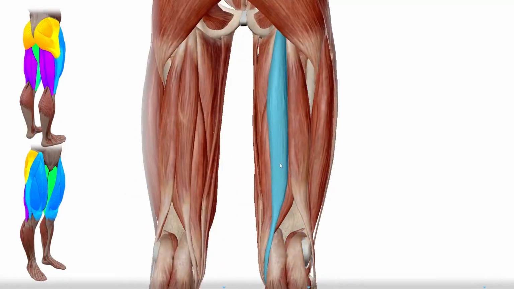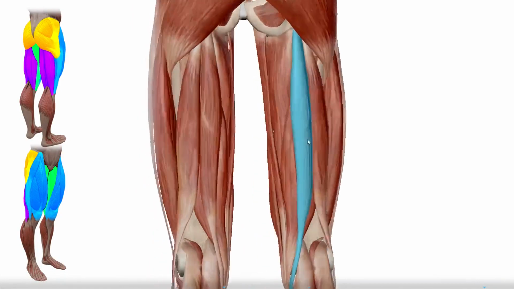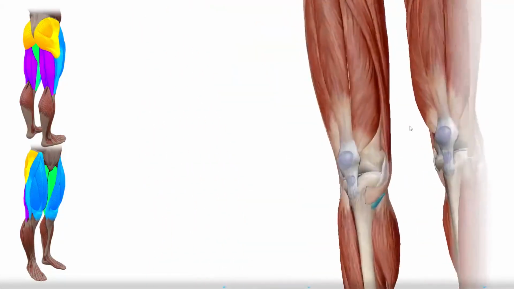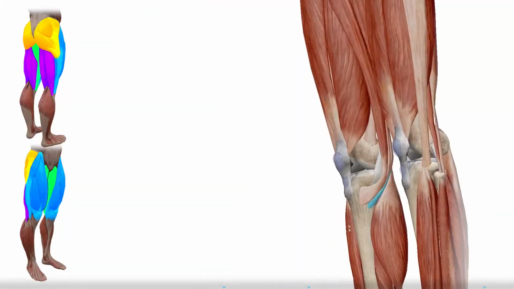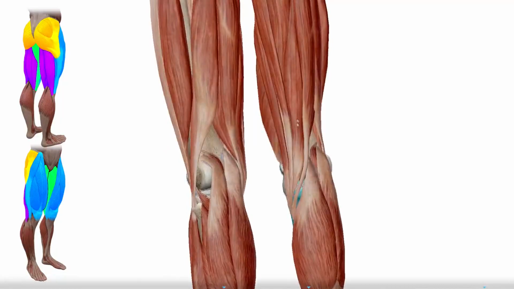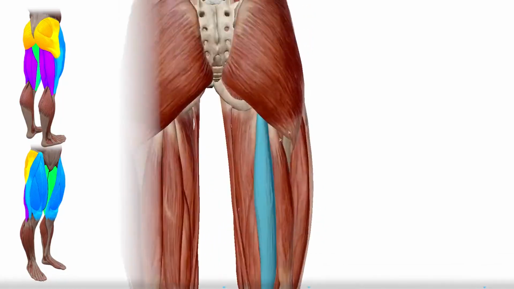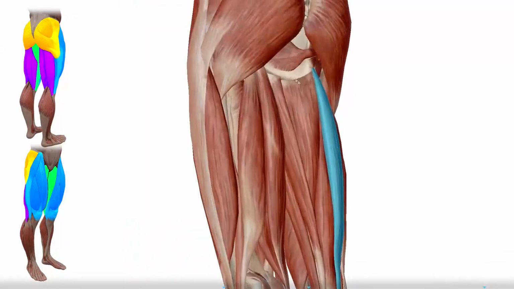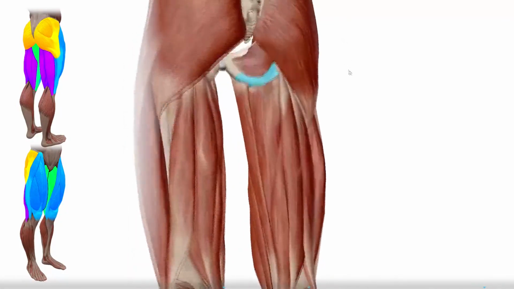Now moving on to the semitendinosus, this one is going to attach onto the other side of the leg, actually the front of the leg. So it attaches onto the inside front portion of the tibia, and then wraps around the tibia, goes all the way up, and attaches onto the back of the hip bone again.